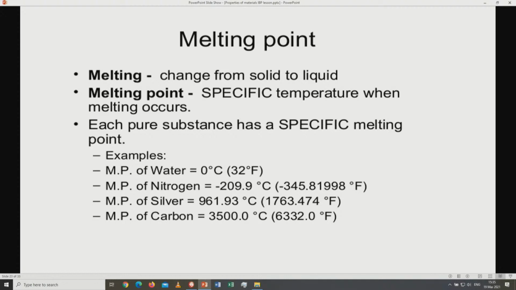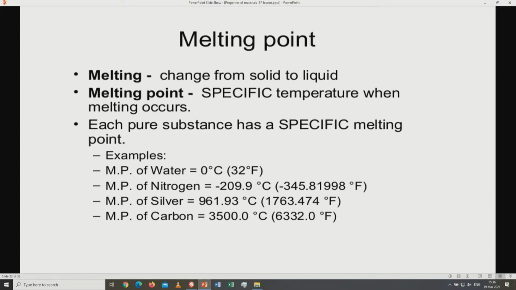Now, what is the melting point, which is very key for us today? It is a specific temperature when melting occurs. Each pure substance has a specific melting point. For example, water is 0 degrees Celsius. Nitrogen, because it's in the form of a gas, is very low, it is minus 209.9 degrees Celsius.